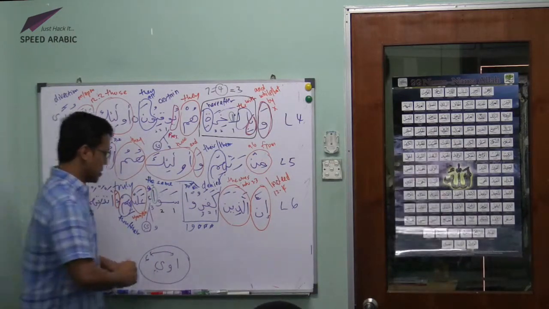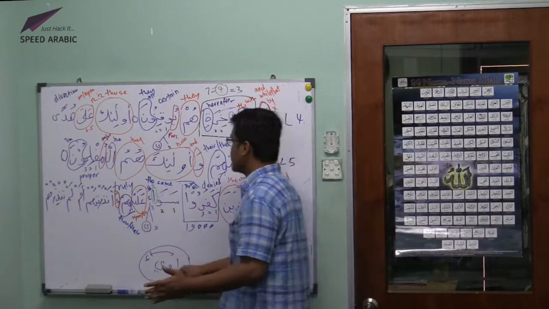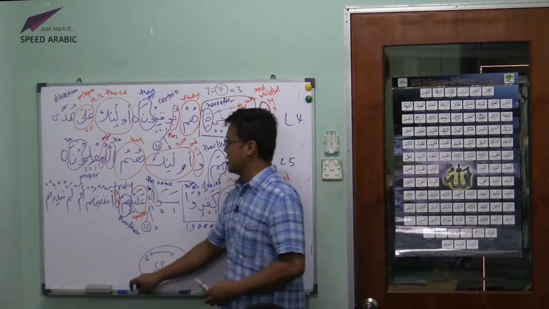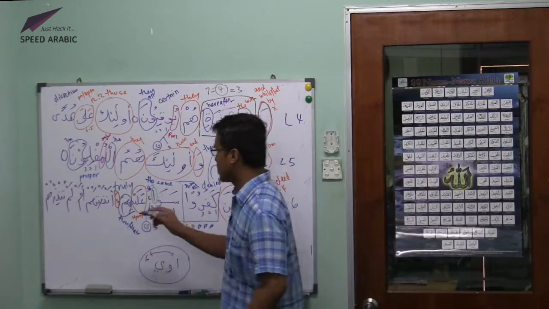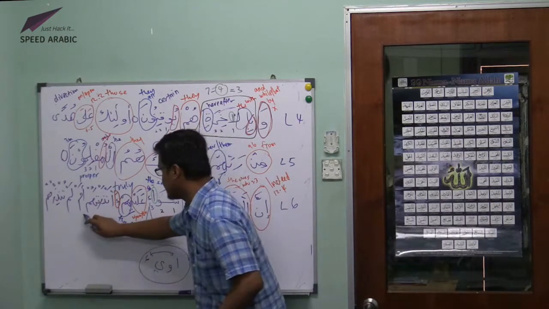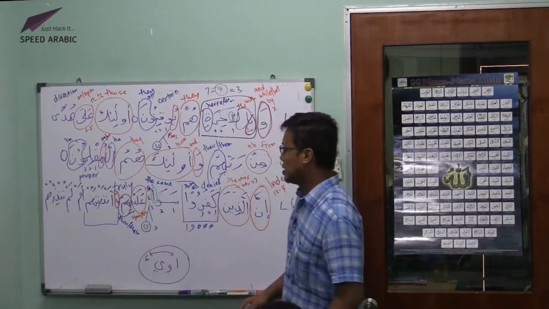Is this the past or the present? The next hamza. Hack that first. Okay, we are looking at this as one whole word. Okay, the next one is to warn.